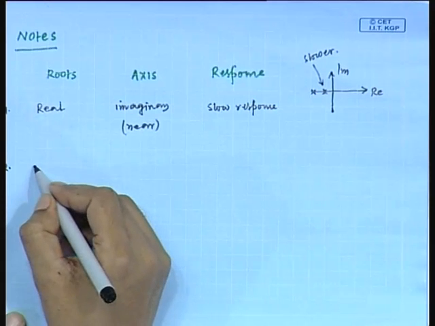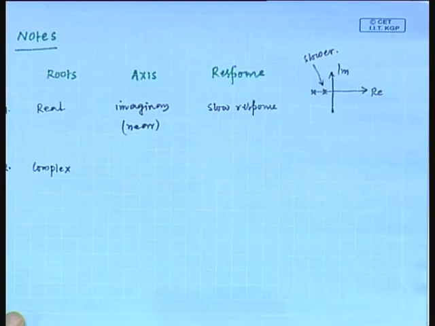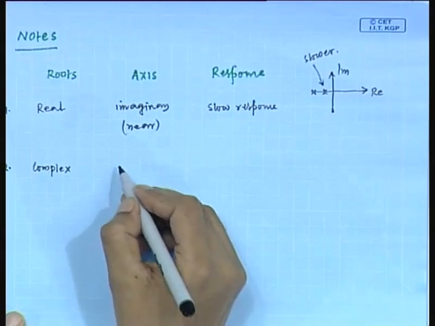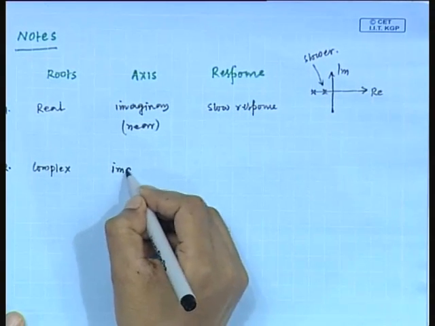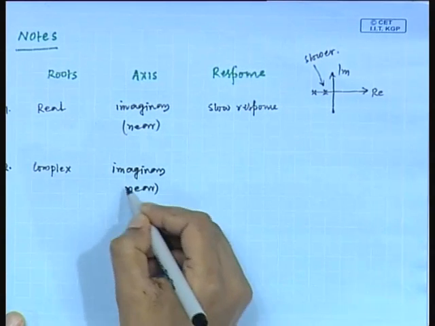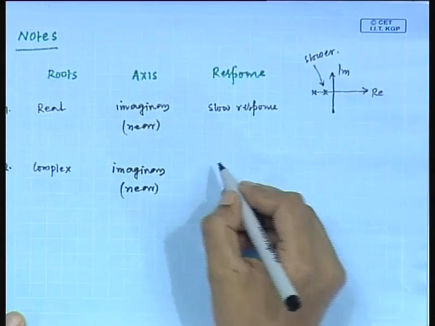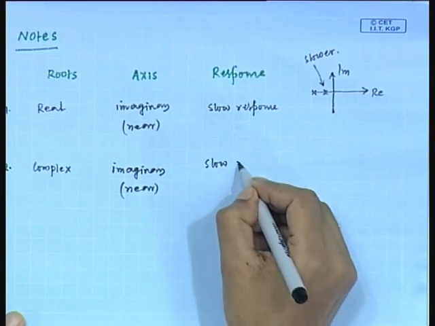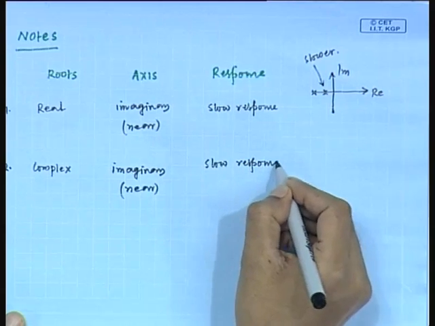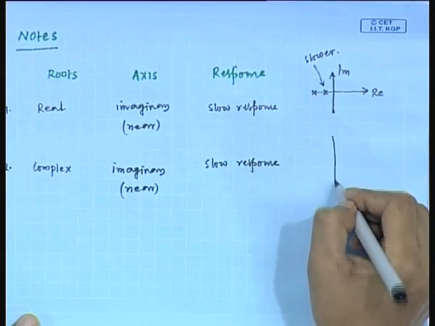Complex roots near the imaginary axis result in slow response.